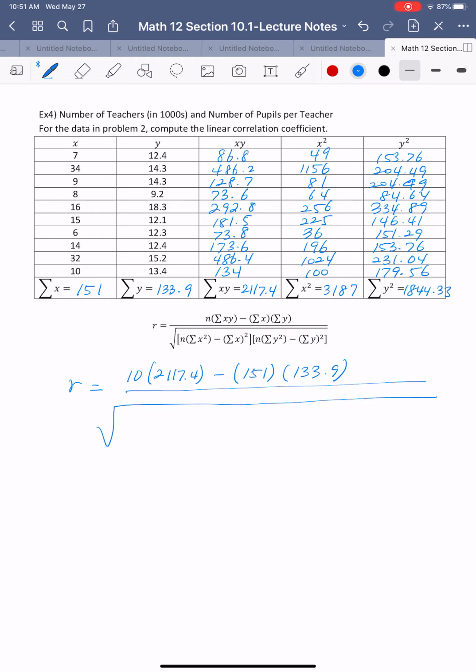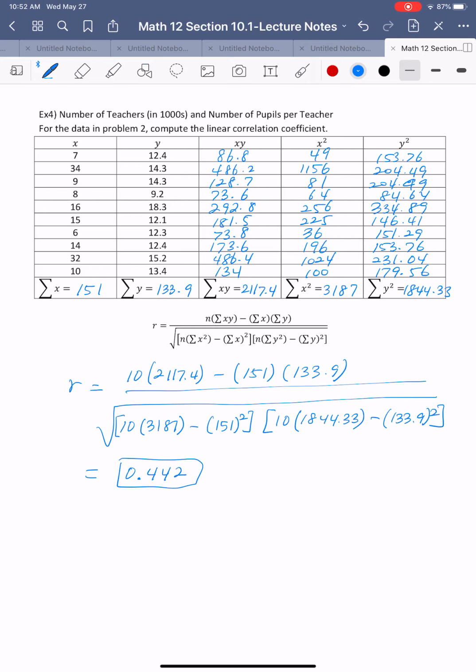Square root of n equal to 10, I'll break it up, right? And then sigma x squared is 3,187, subtract sigma x, which is 151 squared, and then 10 times sigma y squared is 1,844.33, subtract sigma y, which is 133.9 squared. I got 0.442, right?